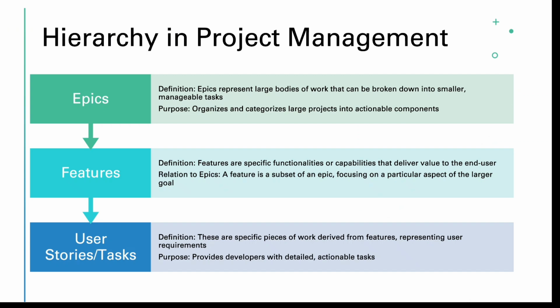Now we have a hierarchy in project management tools. The first item is the epic. An epic is a larger piece of work that needs to be segregated into smaller pieces, or manageable tasks. Its purpose is to organize or categorize a large project into actionable components.